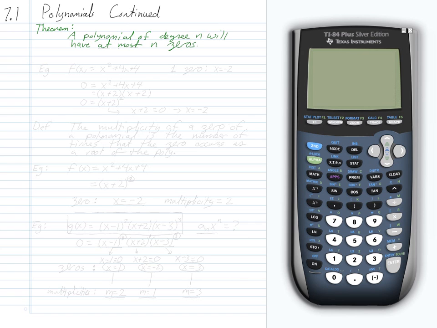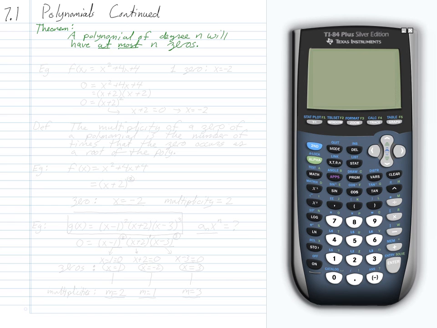In other words, its graph will have n x-intercepts at most. Now, what this tells us is if I have a polynomial of degree 4, and I find 4 x-intercepts, 4 zeros for that polynomial, then I'm done. I found them all. I can only ever expect to find 4.